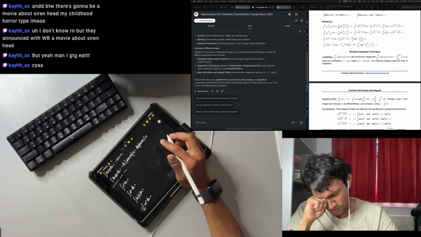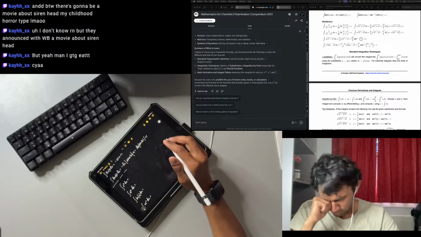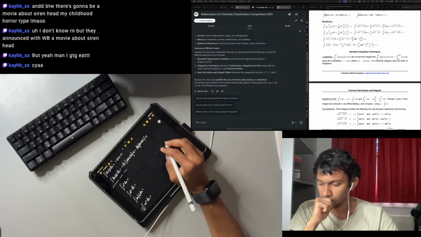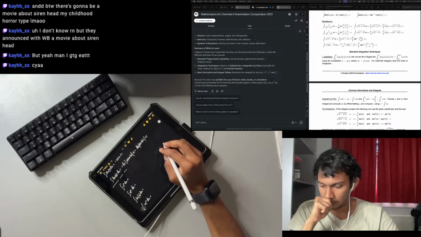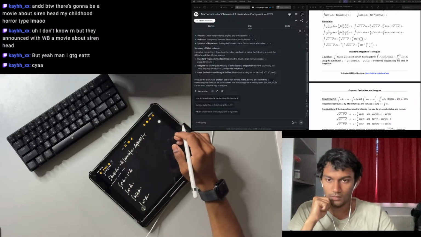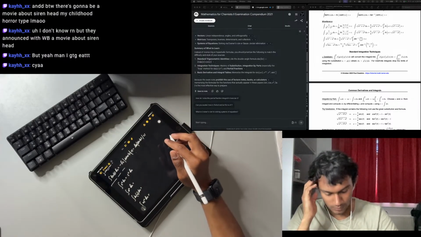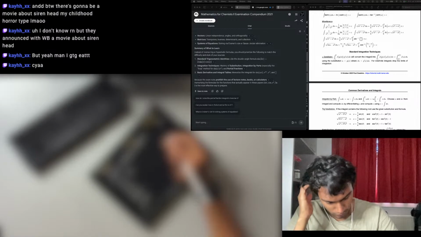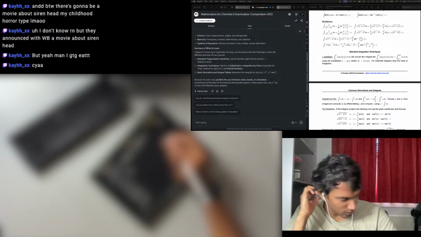Integral of e raised to u du. That's e raised to u, right? Integral a raised to u du, a is a constant.